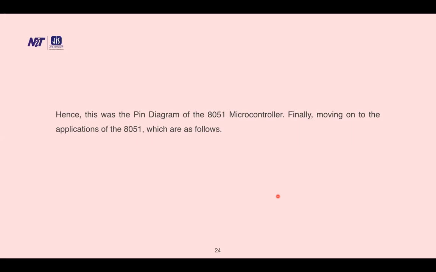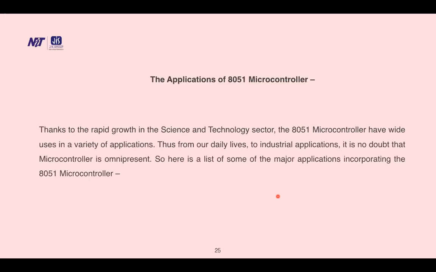Finally, moving on to the application side of the 8051 microcontroller. With the rapid growth of technology, we can use the microcontroller in a wide variety of ways. From our daily lives to industrial applications, it is no doubt that the microcontroller is omnipresent.